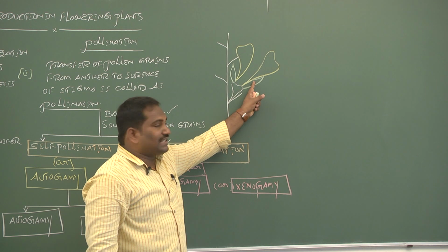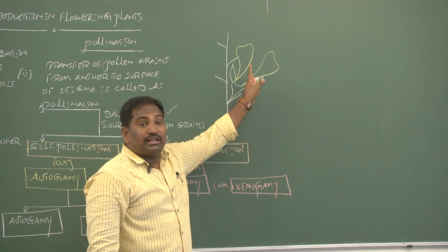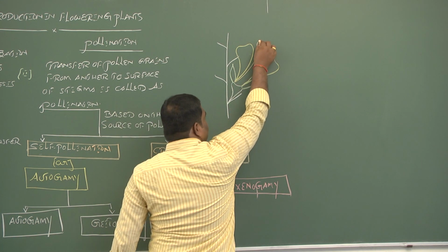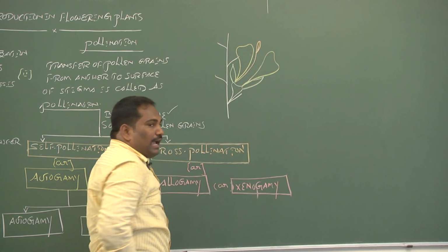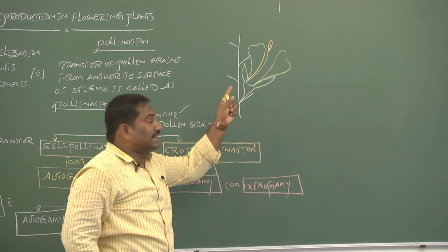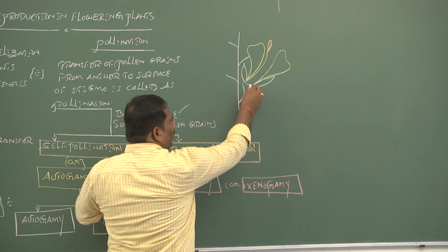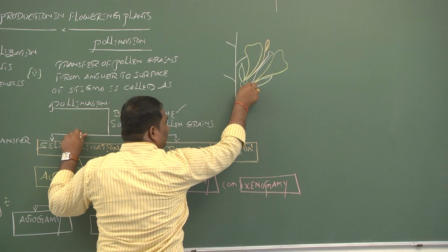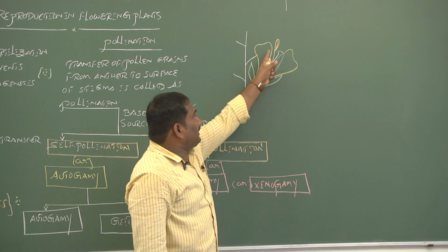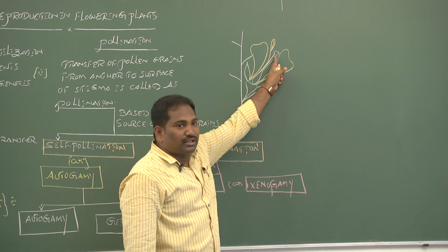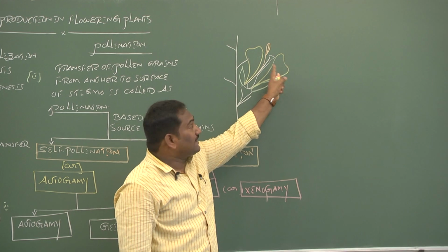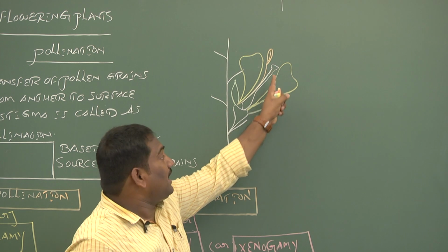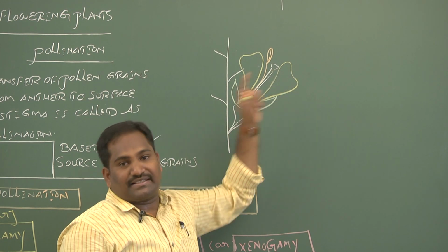Calyx and corolla do not participate in fertilization, so they are called non-essential whorls. The third whorl of a bisexual flower is androecium, the male sex organ, an essential whorl. The innermost whorl is the female sex organ, the gynoecium. Androecium and gynoecium are sex organs participating in sexual reproduction, so they are essential whorls, and calyx and corolla are non-essential whorls.